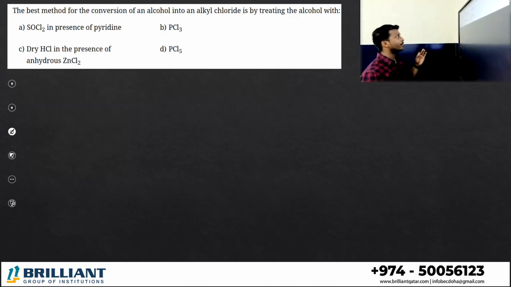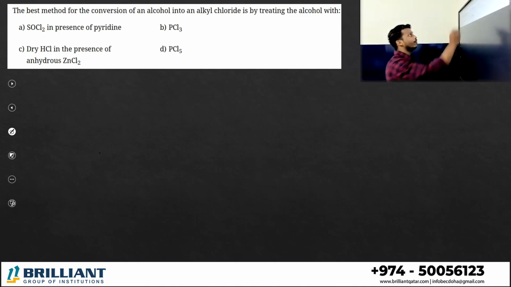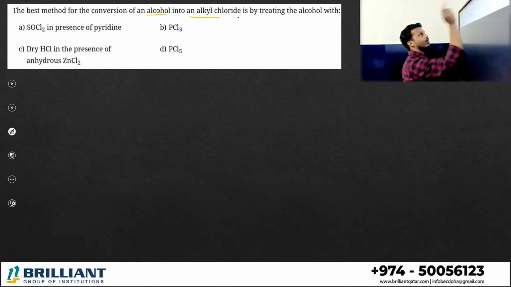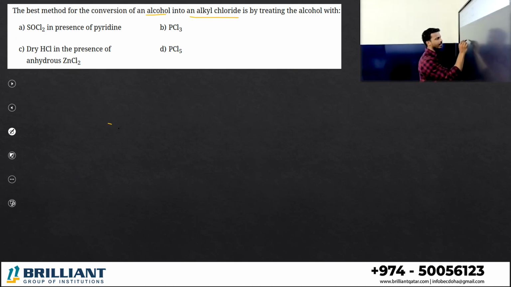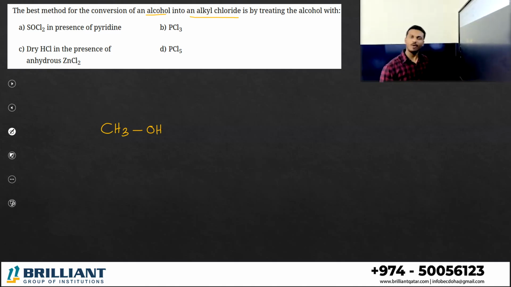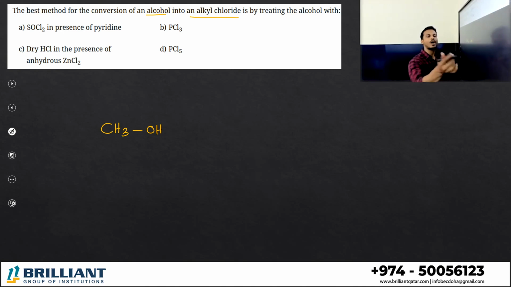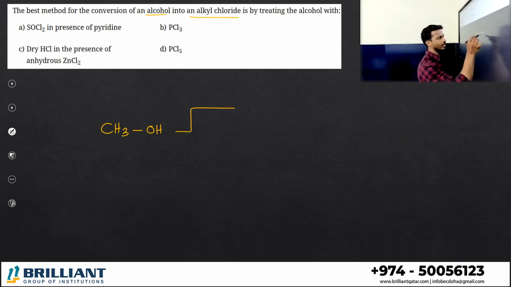What is the best method for the conversion of an alcohol into alkyl chloride, treating the alcohol with which one? Let me take an alcohol, methanol. It's an alcohol. How can you convert an alcohol into haloalkane? You can use many things.